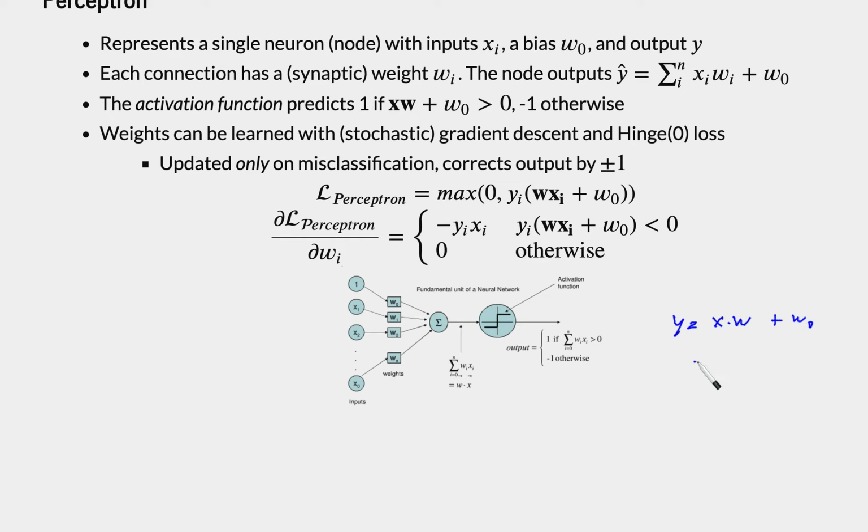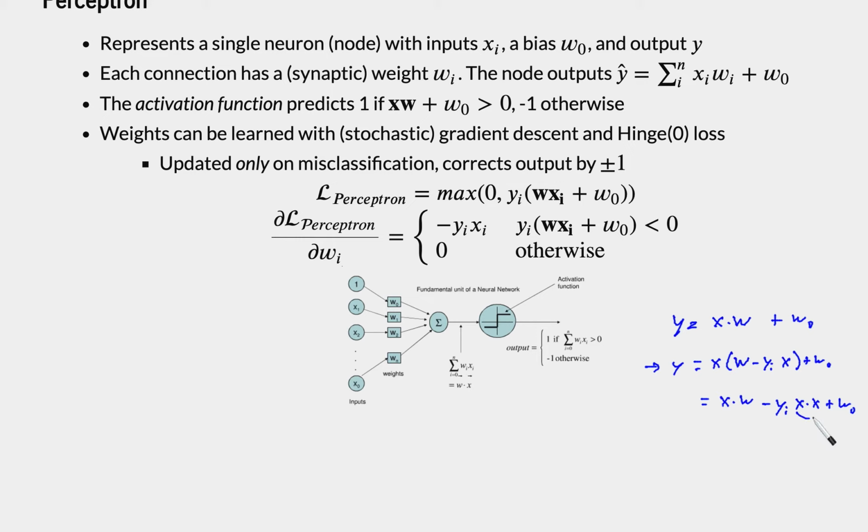So now, after this next iteration, y equals x dot w, where w becomes the previous w minus the sign of the correct class times x, plus w0. This equals x dot w minus the sign times x dot x plus w0.